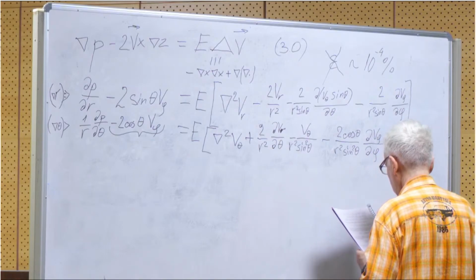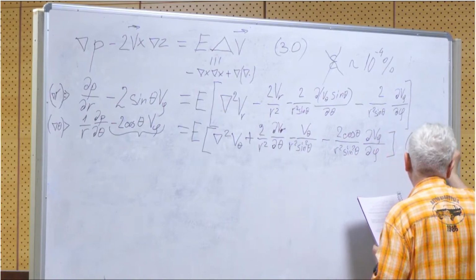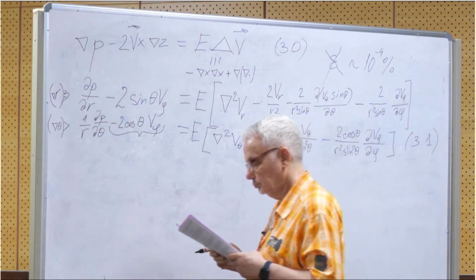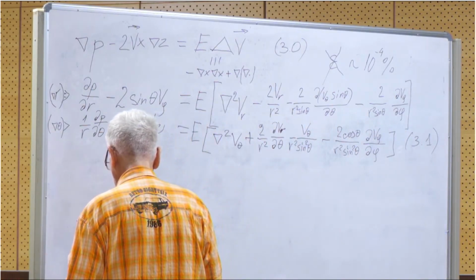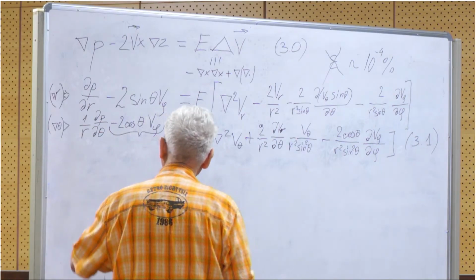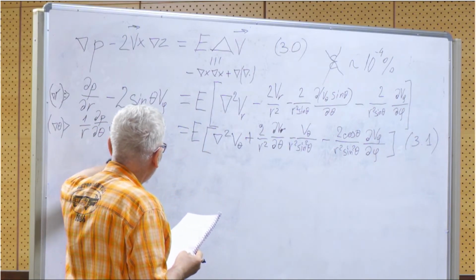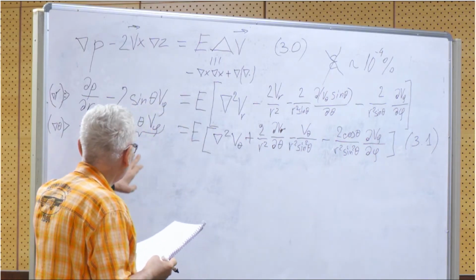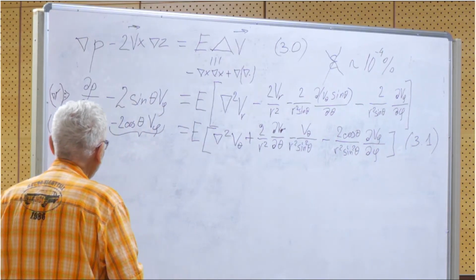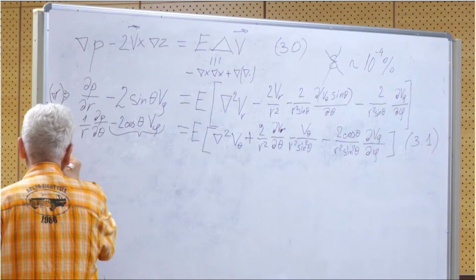Okay, now we can number this formula 3.1. Maybe that's correct. Yeah, perhaps it's correct. Maybe I'm just afraid, but please make sure nevertheless. I think that it's correct, and the major contribution is actually here. The most important contribution is in the phi direction.